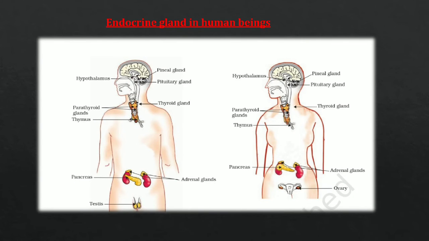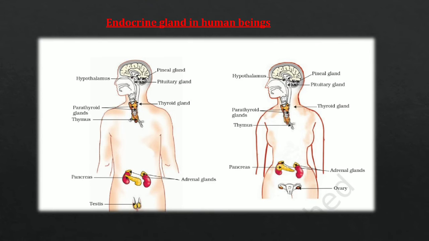Endocrine glands in human beings. In this picture you can see the different endocrine glands and the location of endocrine glands inside our body, which secrete different hormones. We will start from the head.